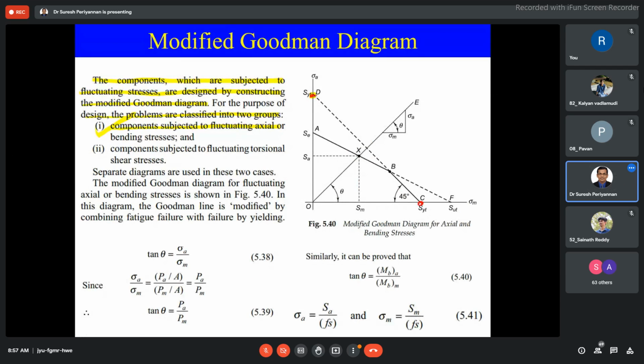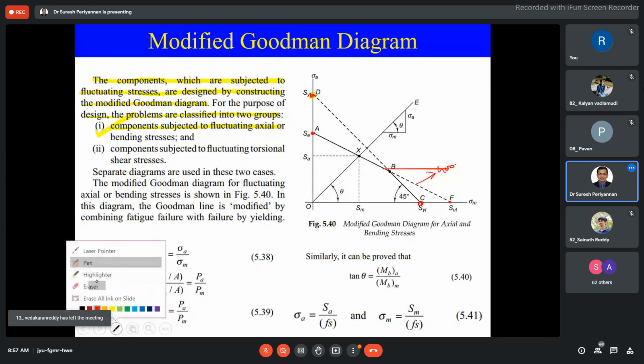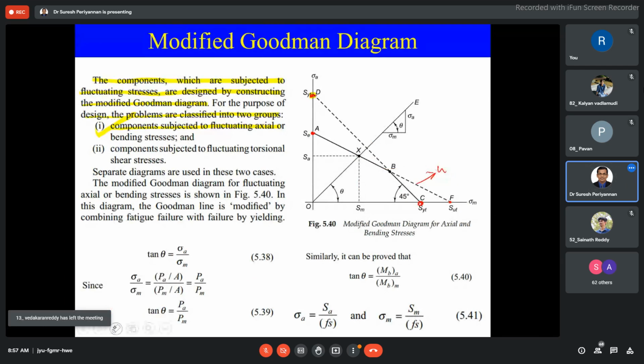The starting point is SE, the endurance limit, ending with the SUT, and that is our Goodman line.